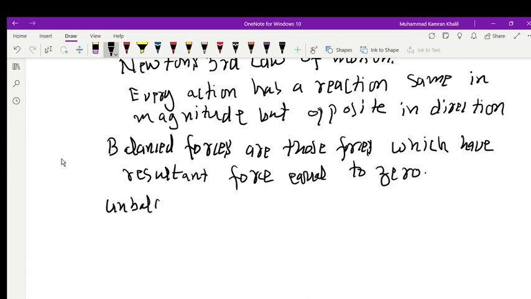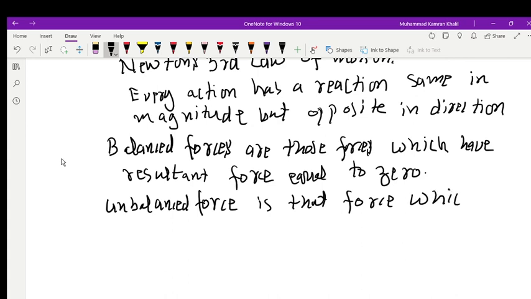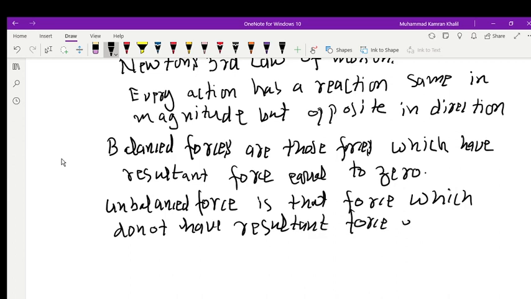So unbalanced force is that force which does not have a resultant force equal to 0.